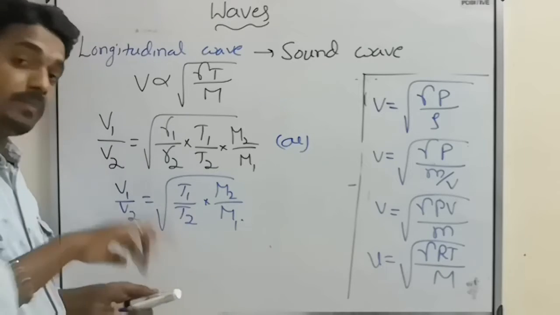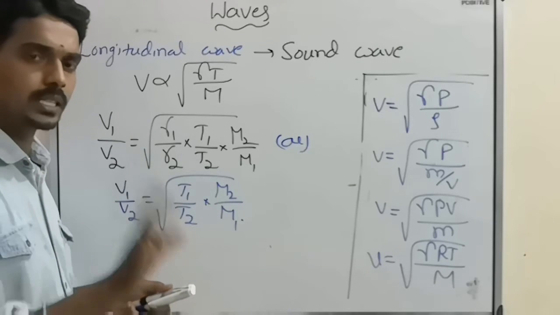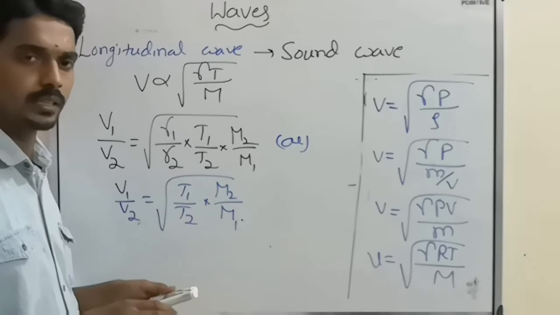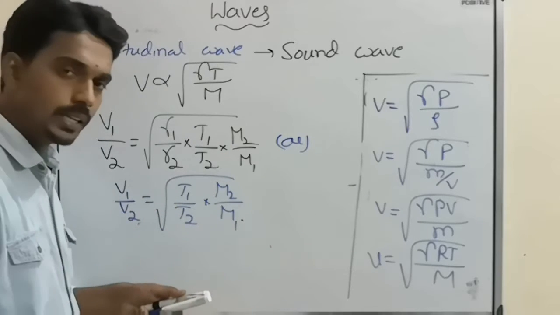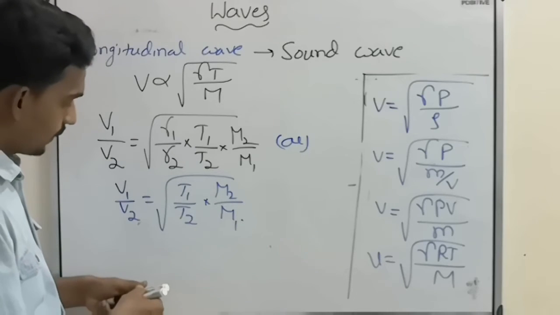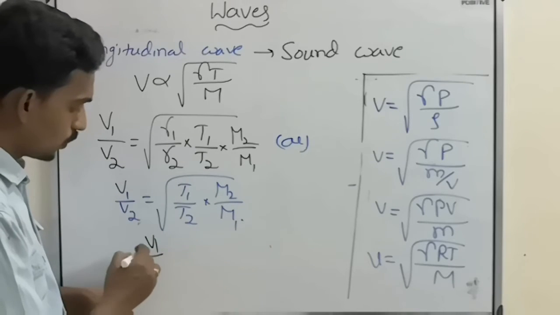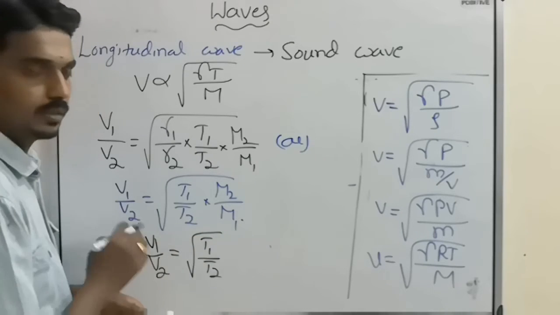Suppose same gas but at two different temperatures, say oxygen at 30 degrees Celsius, speed is V1, and the same oxygen at 70 degrees Celsius, what is the speed? They are asking a comparison. Then the V1 by V2 value will become under root T1 by T2.